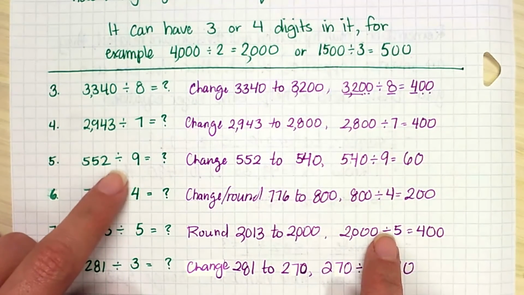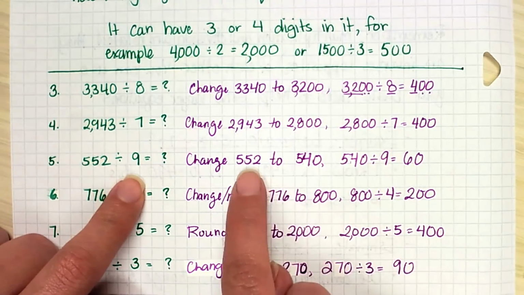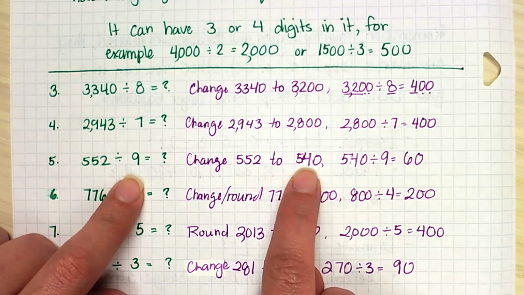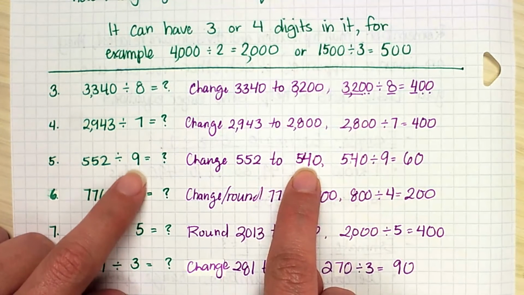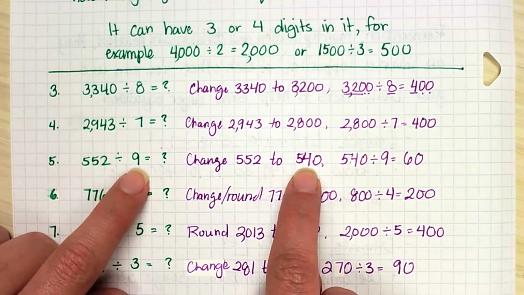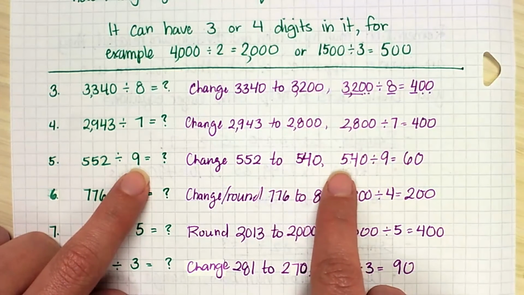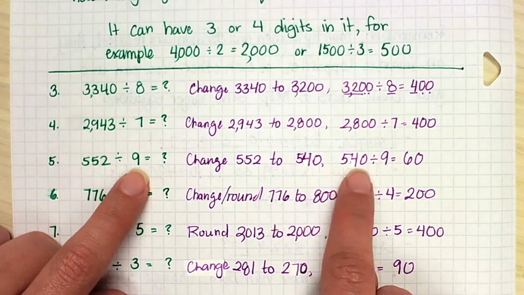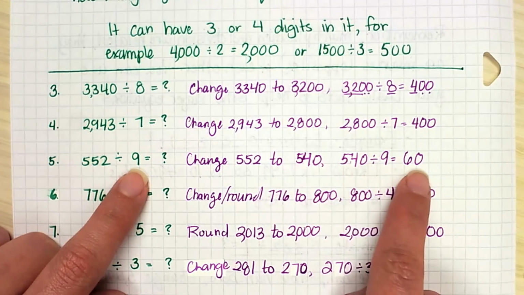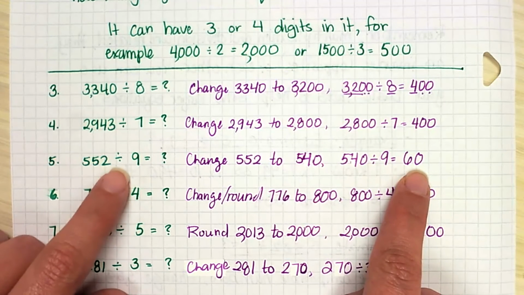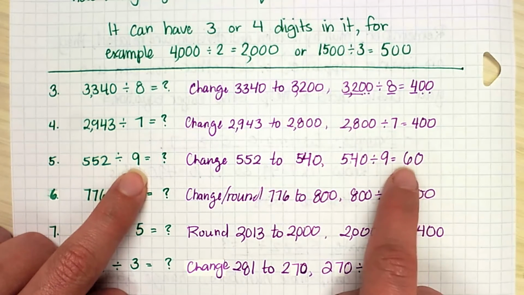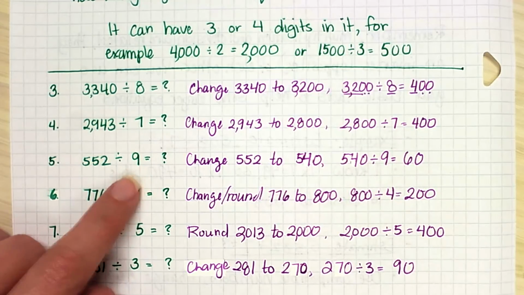For 552 divided by 9, I change that 552 to 540 because I know 54 is a multiple of 9. 9 times 6 is 54, which means 54 divided by 9 equals 6, and 540 divided by 9 equals 60. So that tells me that 552 divided by 9 is going to be about 60.